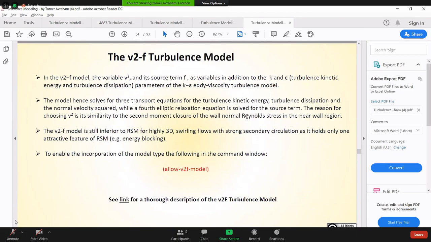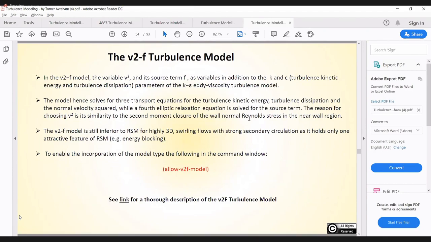Then the V2F model, which is a complete failure. It's supposed to solve the problem of secondary circulation, but mostly what it does is fail. It's a K epsilon with two additional equations.